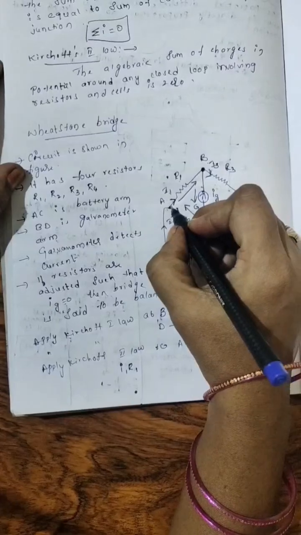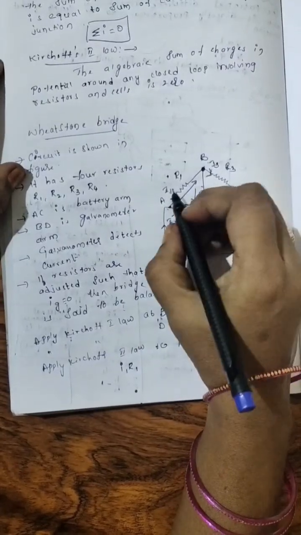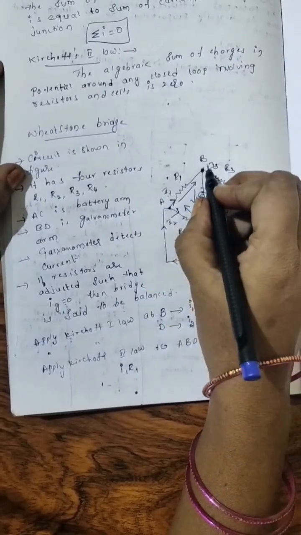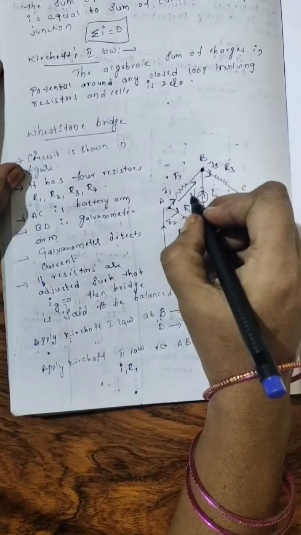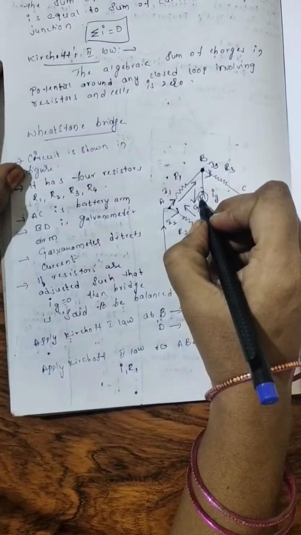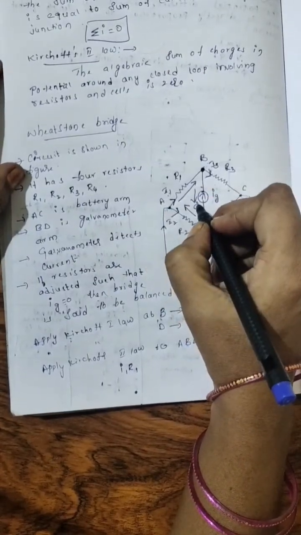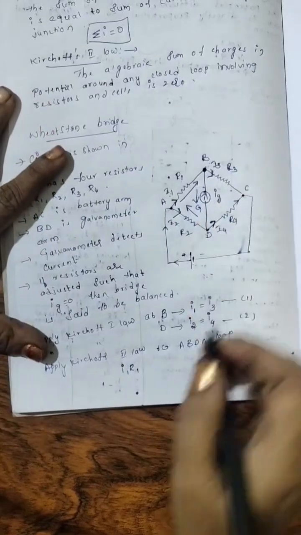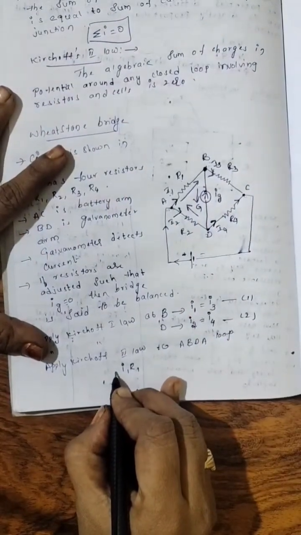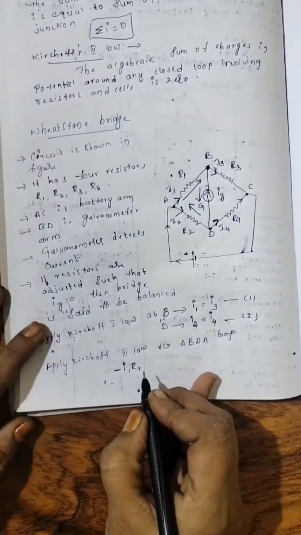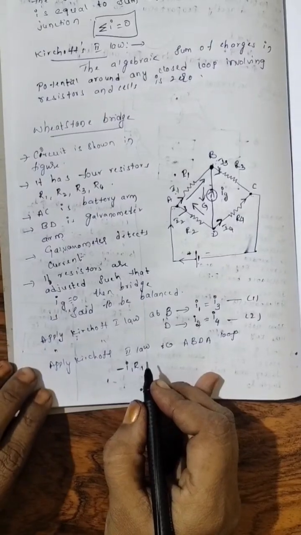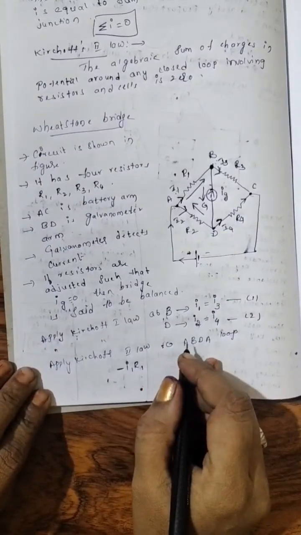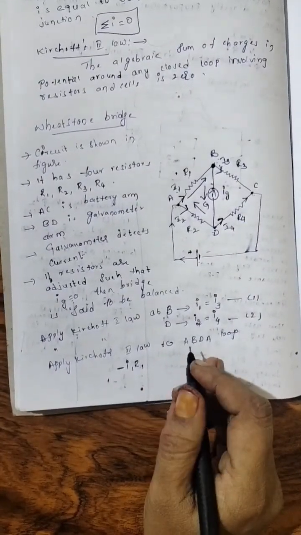Path direction is A to B, and current I1 direction is also A to B. When current and path direction are the same, then we take I1 R1 with a negative sign.